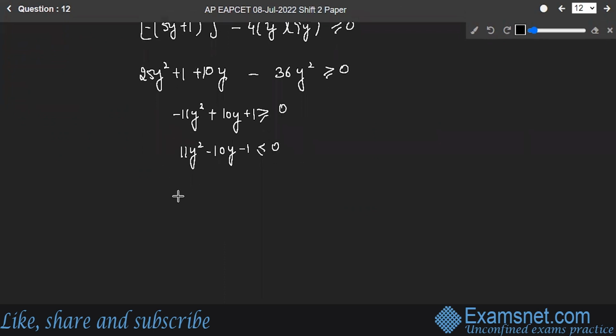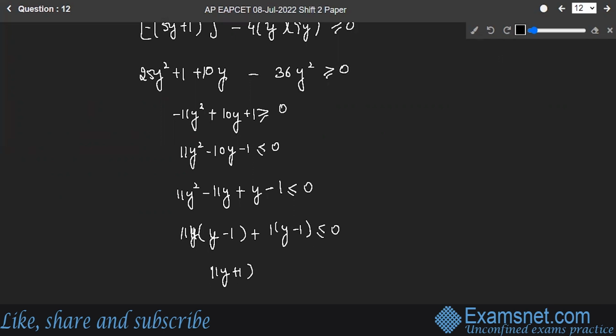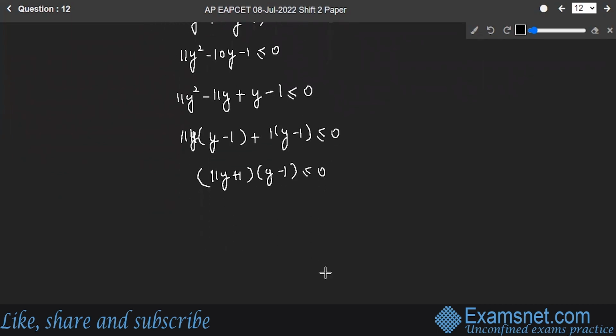So splitting the middle term, you will get 11y squared minus 11y plus y minus 1 is less than or equal to 0. 11y will be taken common. You'll have 11y (y minus 1) plus 1 (y minus 1) is less than or equal to 0. So (11y plus 1) into (y minus 1) is less than or equal to 0. Now, the critical values for y will be 1 and minus 1 upon 11. These are the two critical values.